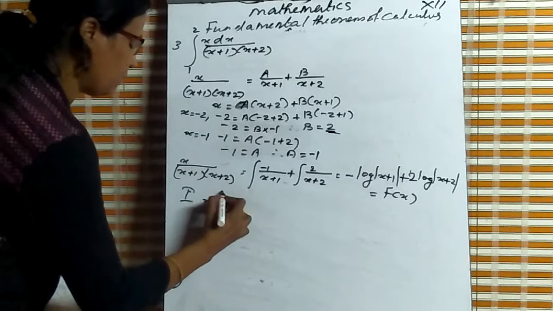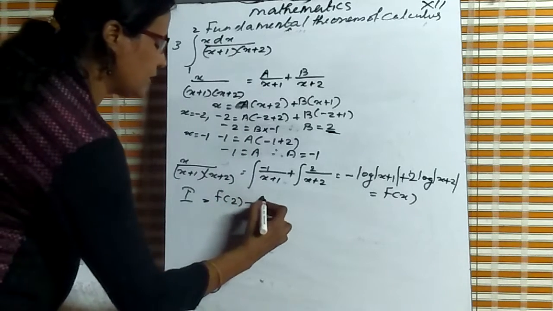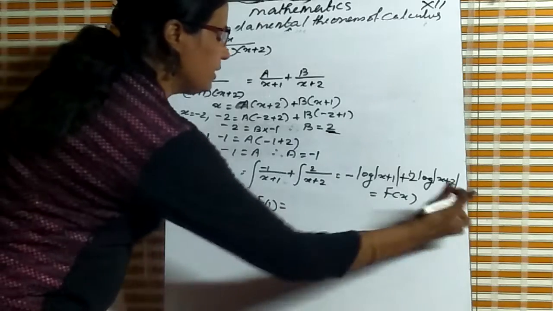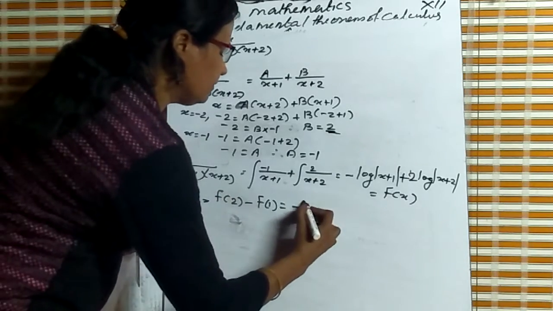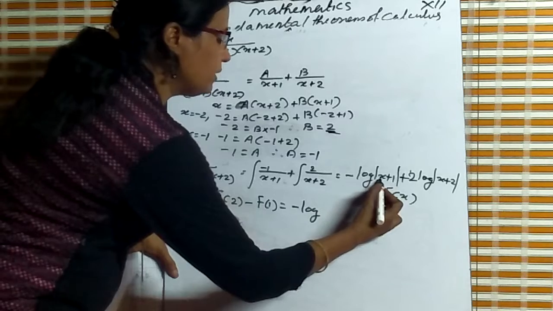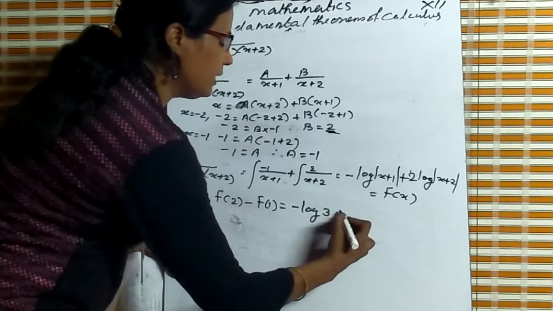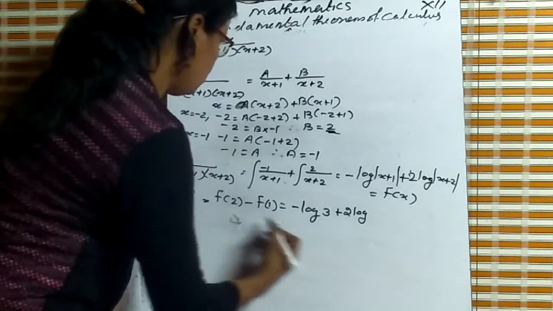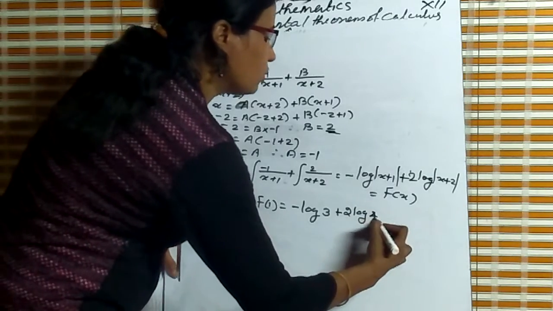1 to 2. So f of 2 minus f of 1 is equal to, first we put x is equal to 2: minus log of 2 plus 1, 3, plus 2 log of 2 plus 2, 4.